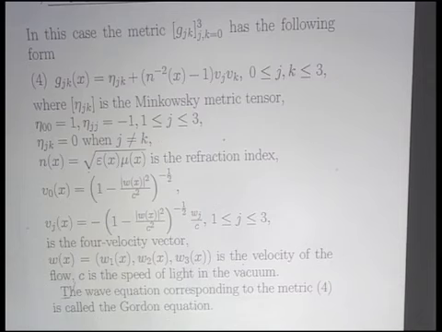It's written what is v0 and what is vj from 1 to 3, and we have w. W is the 3-dimensional vector of velocity of the flow. This is how in relativity you build a 4-vector from a 3-vector. And c is the speed of light in vacuum.